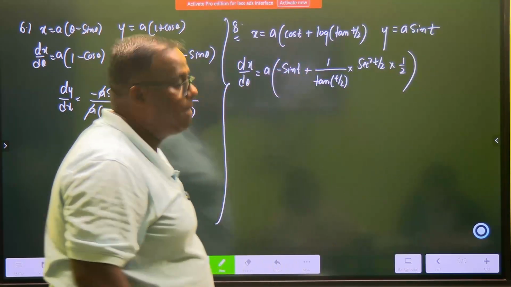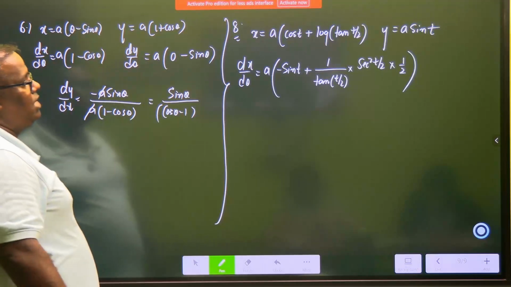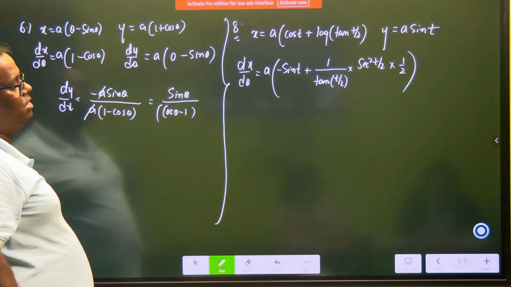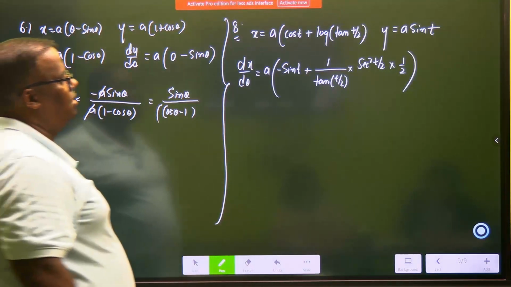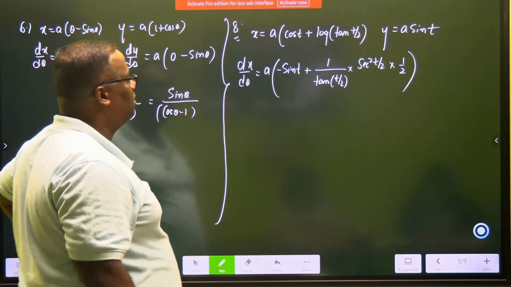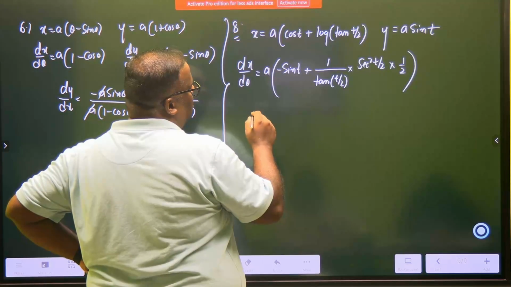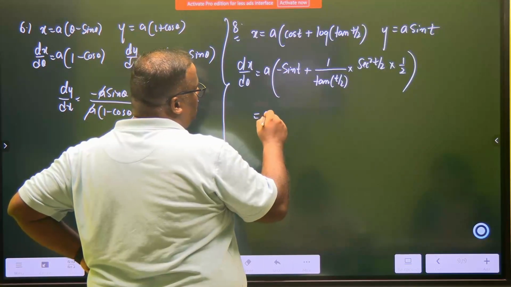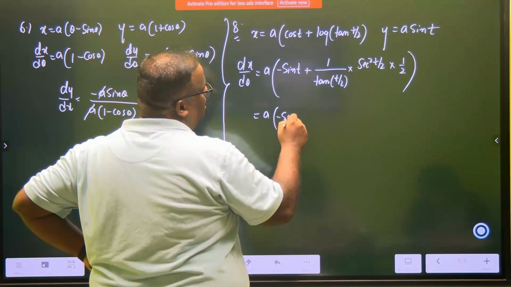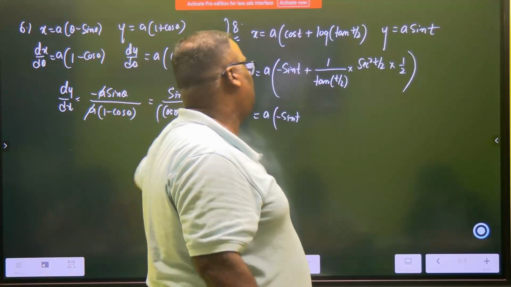Check, check, check. Did you get this? Shall we clean it a bit? Let's clean it. So this is a negative sin t sec square. Beta, what is sec square?